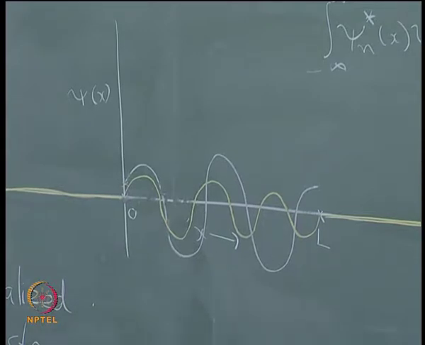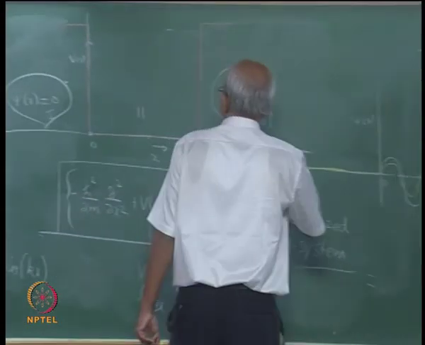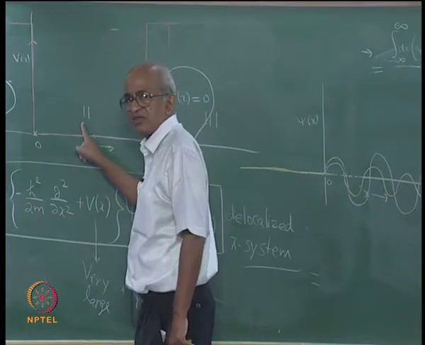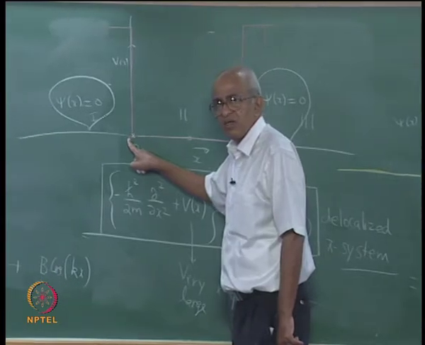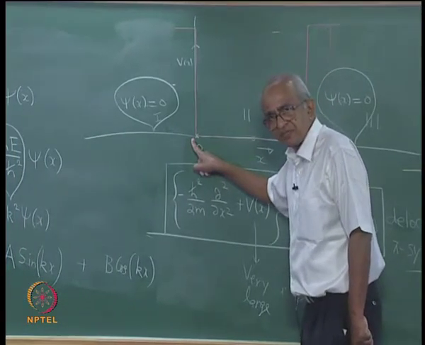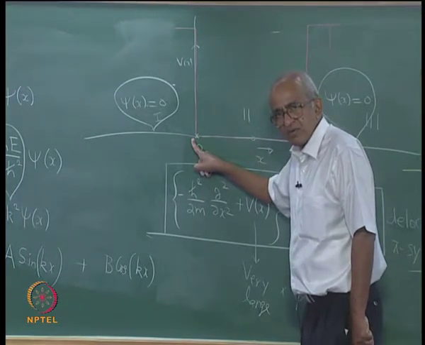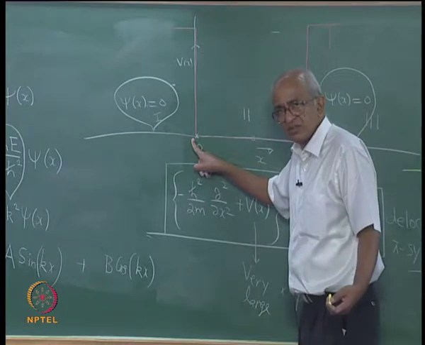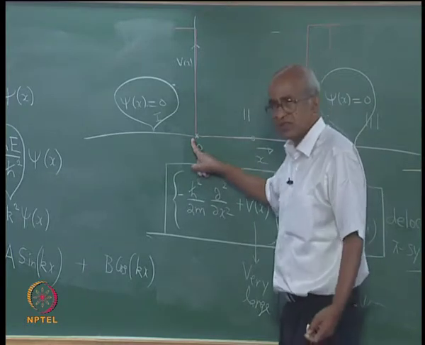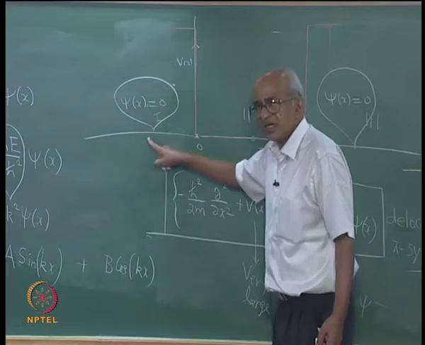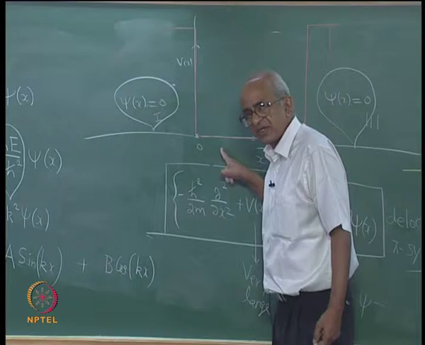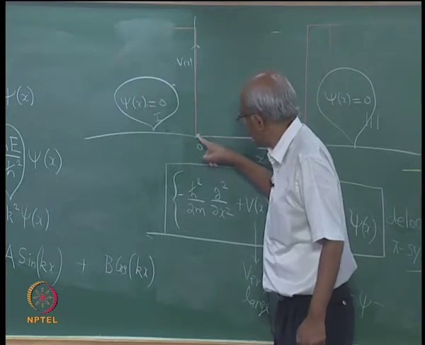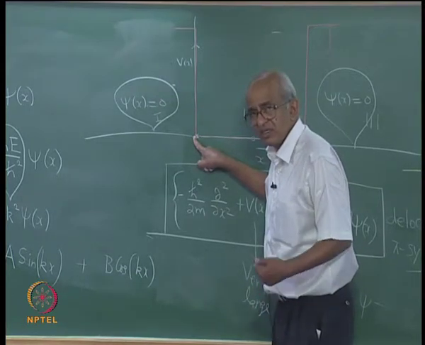And if that is the way it is, what is the condition that my wave function within this region should satisfy? At x equal to 0, its value must be equal to how much? In order that the function is continuous, from the left hand side the wave function is 0 everywhere, so the wave function's value at x equal to 0 must be 0.